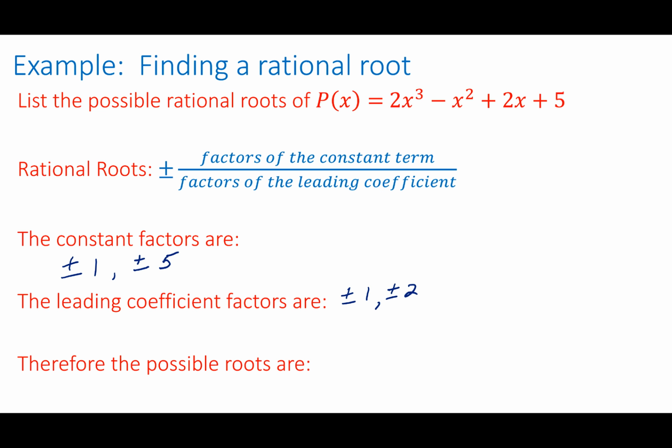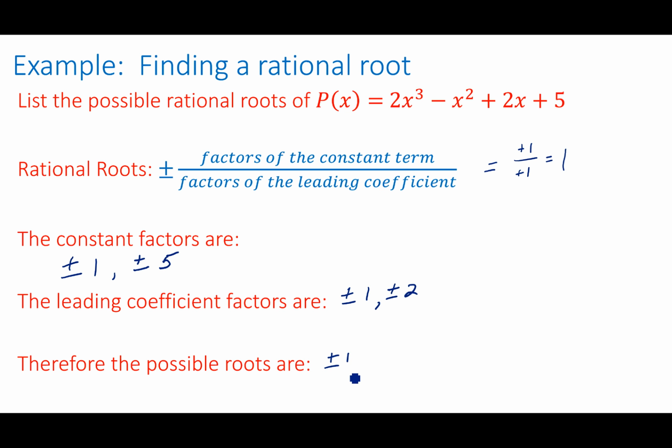So my possible rational roots are going to be this fraction, factors of the constant divided by factors of the leading coefficient. So I have to go through this one by one. Okay, so I could do 1. Now let's work it up here a minute. If I took my positive 1 and divided it by positive 1, I end up with 1. So this was the constant plus 1, and then the leading coefficient plus 1 from the second row. And so I can do positive 1 or I could do negative 1.